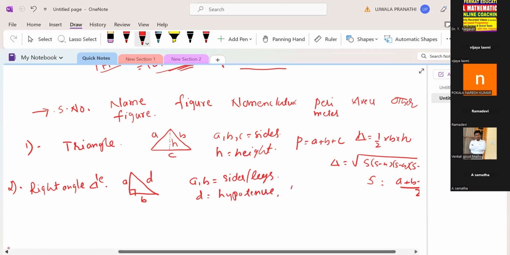Now here perimeter: for any plane figure, perimeter is sum of all edges, A plus B plus D, and area of the triangle delta is equal to half into base B into A, or we can say half of AB, or half the product of 2 sides.